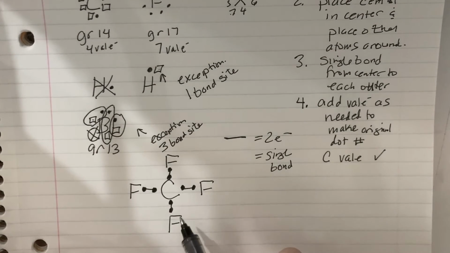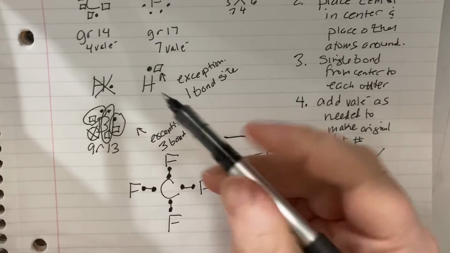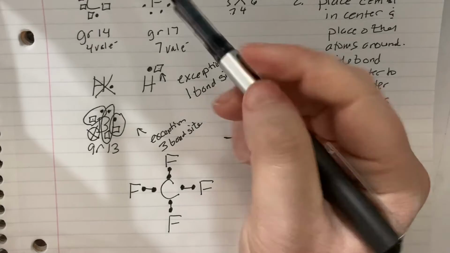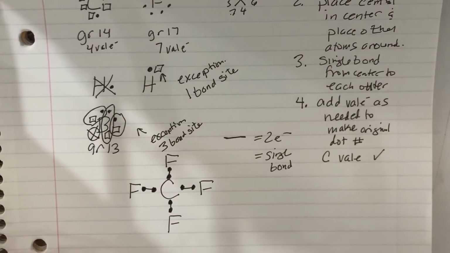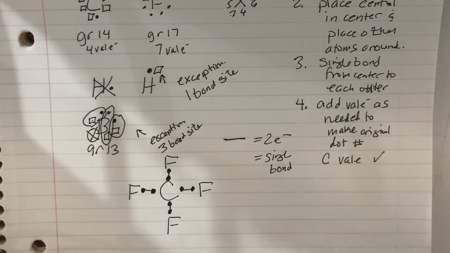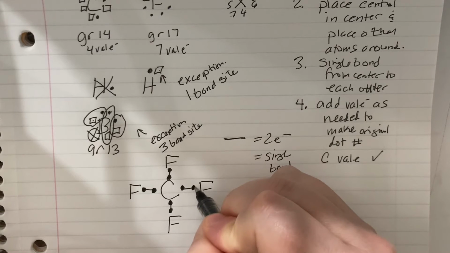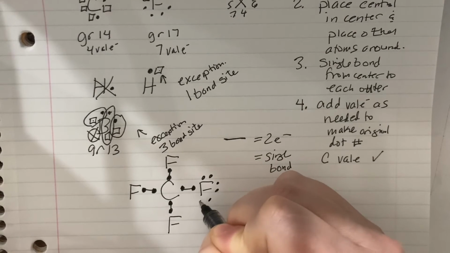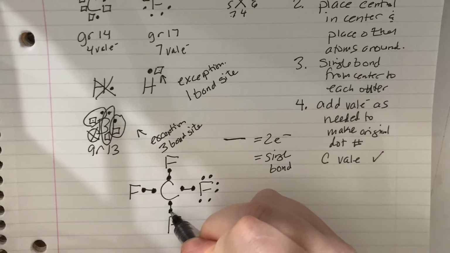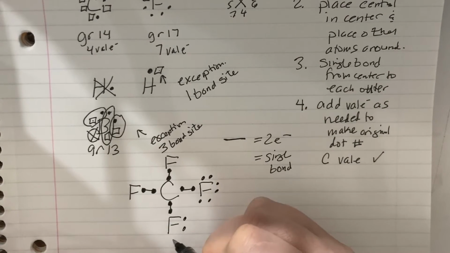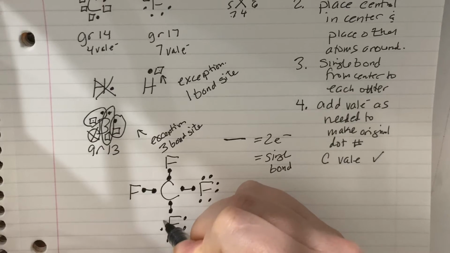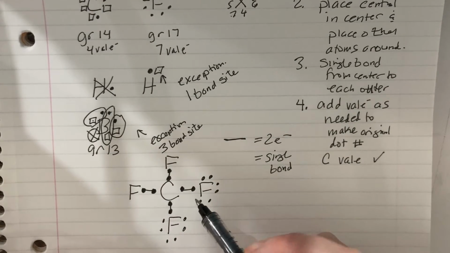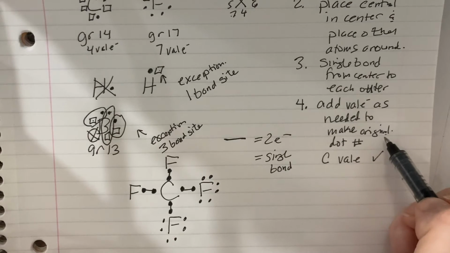Fluorine has 1 valence electron. Each fluorine only has 1, but how many are they supposed to have? 7 valence electrons. So we've got to add until we have 7. 1, 2, 3, 4, 5, 6, 7. I'm adding to make the original dot number.